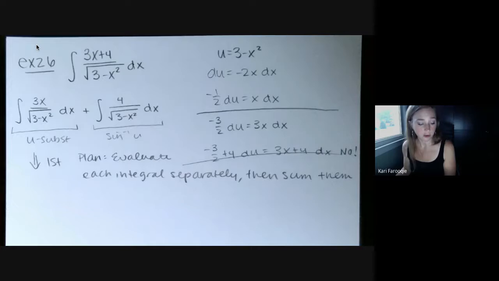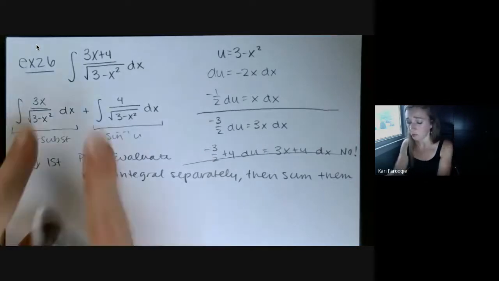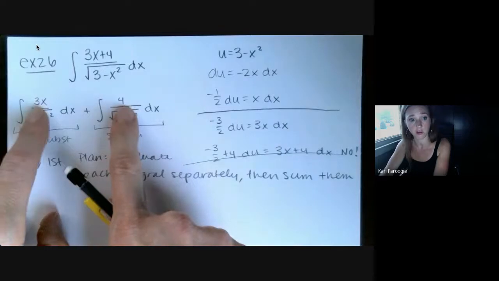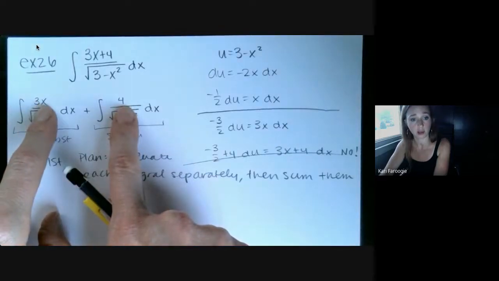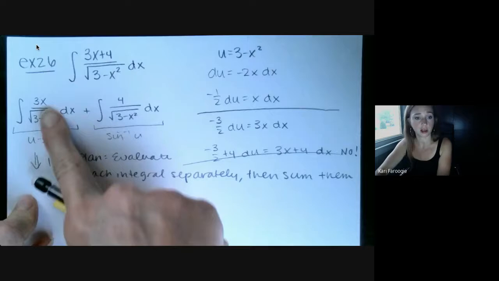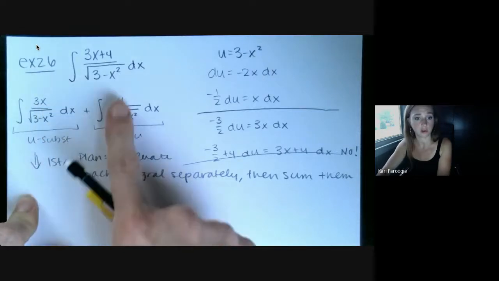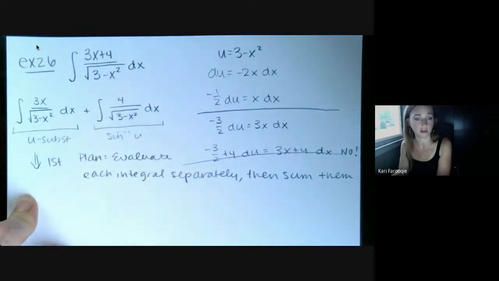And this is a really important skill, by the way, that you're going to need in Calc 2. Just being able to recognize when you have an inverse trig integral and when you have a u substitution. And the big difference lies in whether or not you have an x. So this one's got an x in the numerator, it's a u substitution. This one does not, it's an inverse sine.